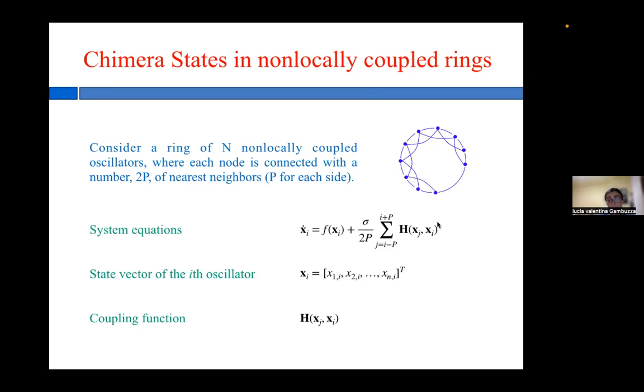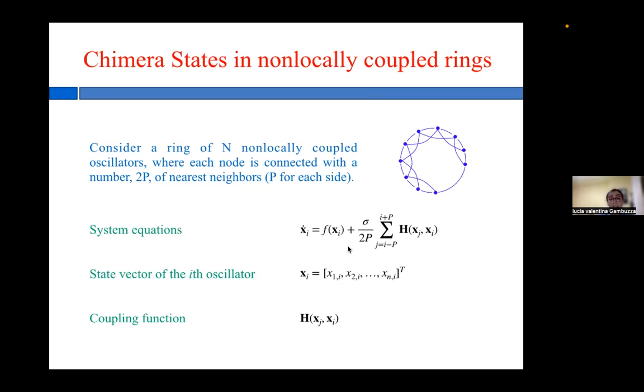Here we are considering a ring with non-local coupled units, where each unit of this ring is connected to 2p nearest neighbors. So we have p neighbors for each side. In the figure, for example, p is equal to 2, so we have just two connections per side.